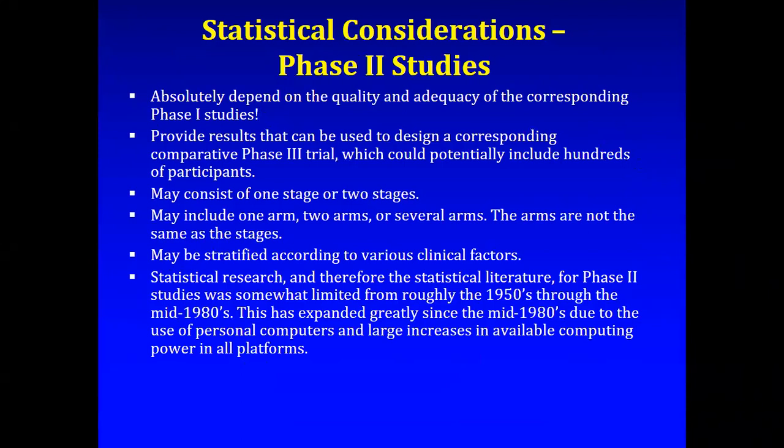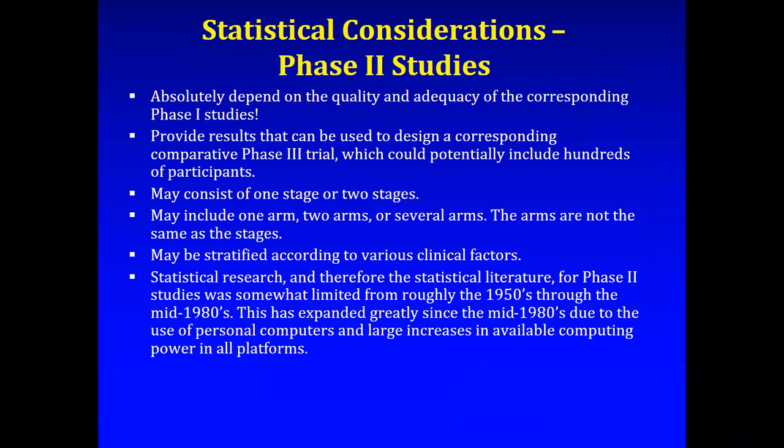Now, designing a good phase 2 study depends on having good phase 1 data to help design the phase 2 study with. So that's very important. Phase 2 studies are also used, well, I should say maybe used to design phase 3 studies later on.